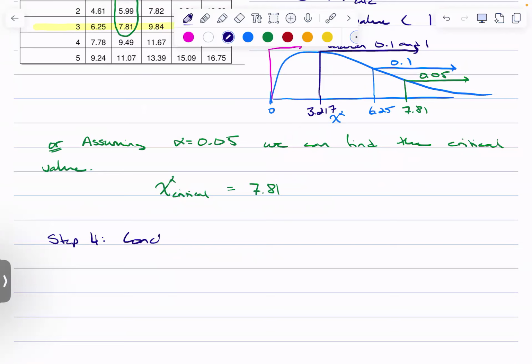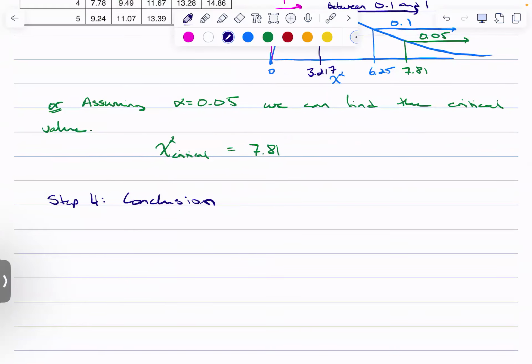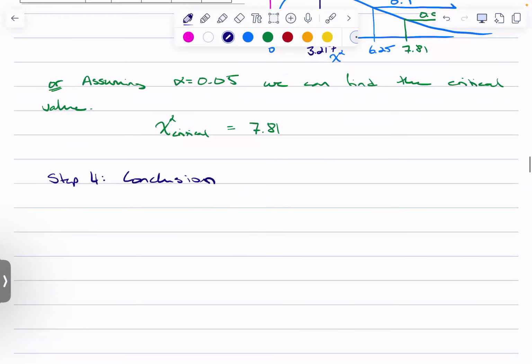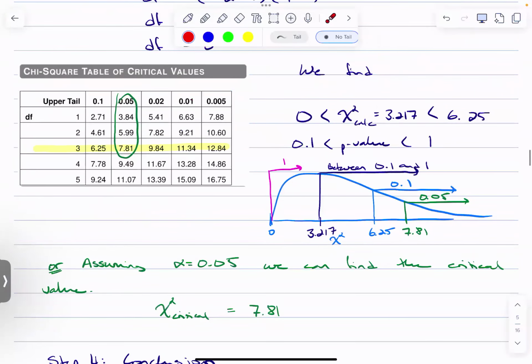Step 4 is your conclusion. Using the p-value, which is what we're used to doing, the argument is, well, my p-value is not less than the alpha level, so I do not have enough evidence to reject H0.